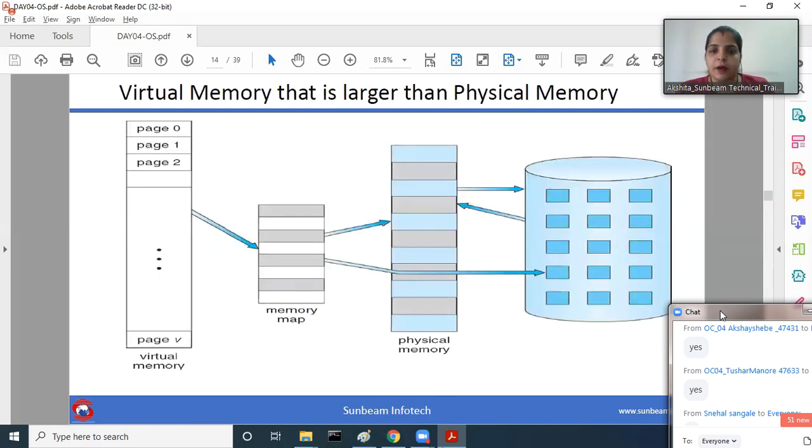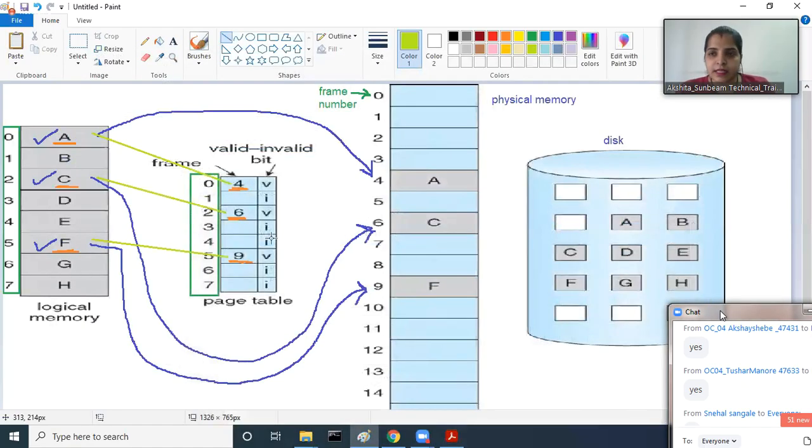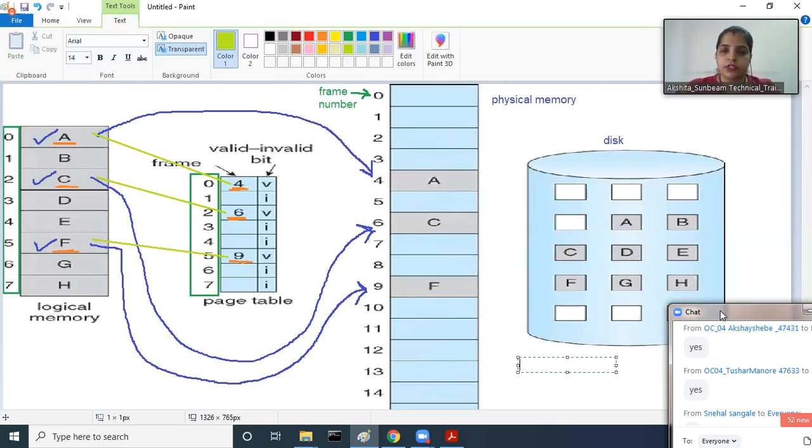Right? Now, in this case, please also observe that a page table maintains one more column of data, which is called the valid and invalid bit. What is that valid and invalid bit? I'll change the color.